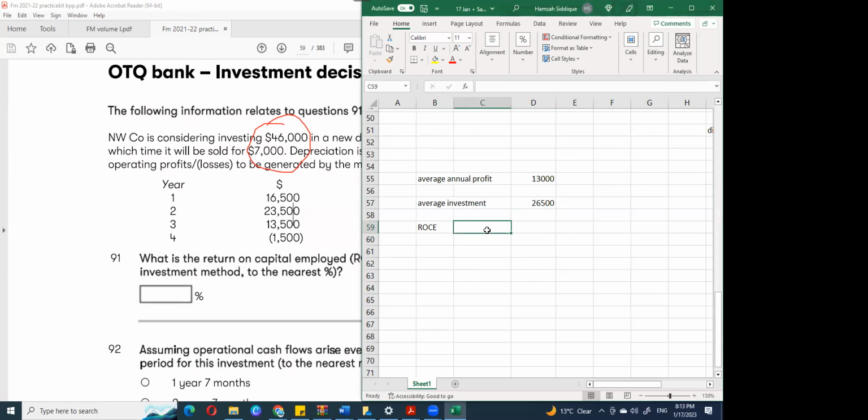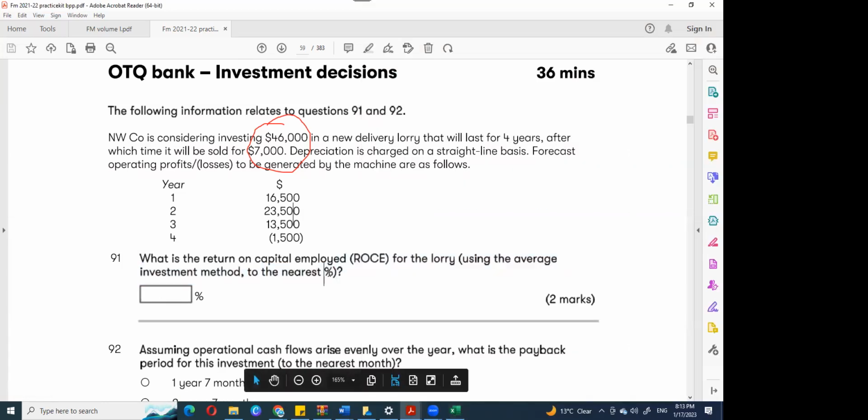I'm not doing it deliberately in Excel, because in the exam you have to solve it by calculator, OTQ. Convert to percentage. 49%, nearest percentage. 49% is the answer. This is question number 91.